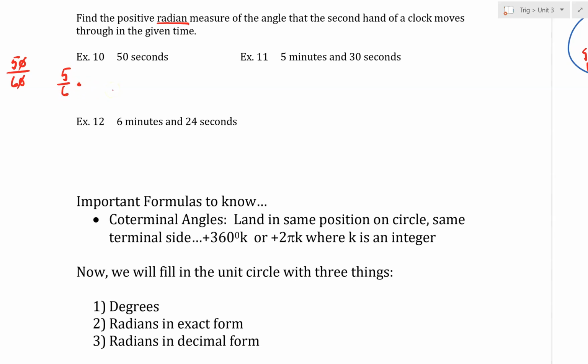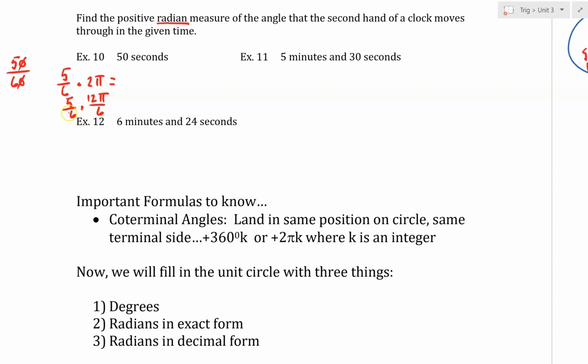Now, when you think about a clock in a minute, how far radian measure did you go if you go 1 minute with the red hand, with that second hand? Well, you go 2 pi all the way around the circle once. So 2 pi, you're going to multiply by 2 pi here, which means we have to convert that, so 5/6 times 12/6, and then we're going to multiply that together, keeping in mind that we could simplify this a little bit.